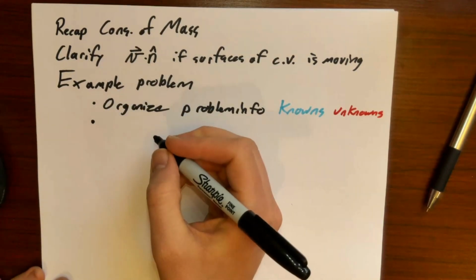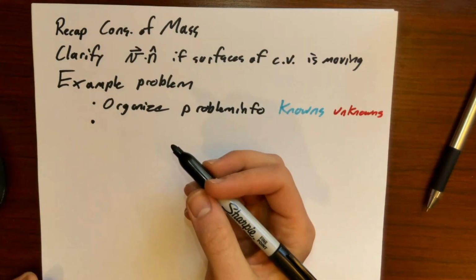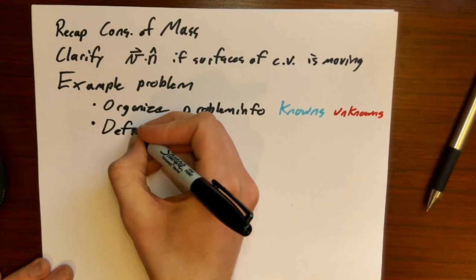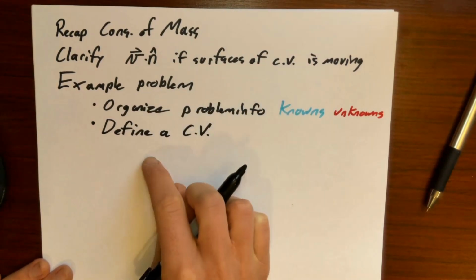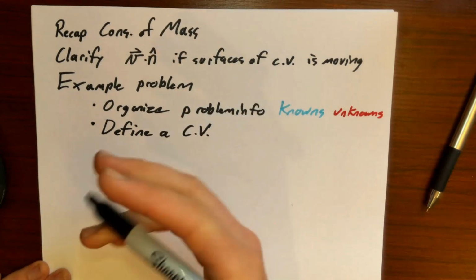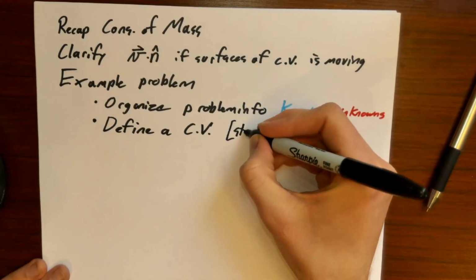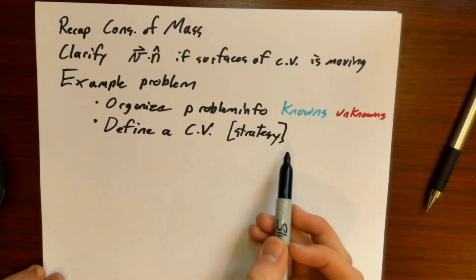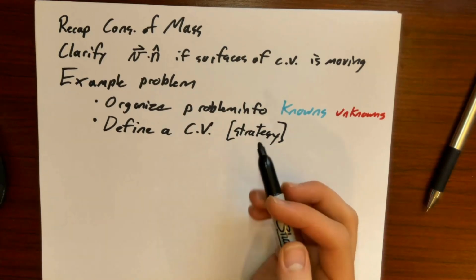Almost always, regardless of whether I'm doing an example problem or you're approaching problems for homeworks and quizzes, the first step is going to be define a control volume. And it's not just slapping one down on the page, but there's a certain strategy to it. And I'll talk about some key pointers from the strategy to make things helpful.